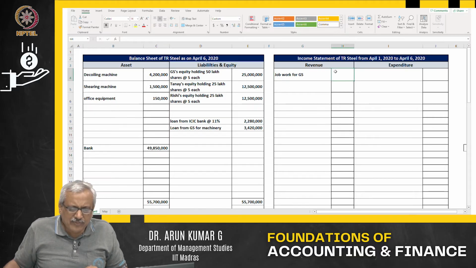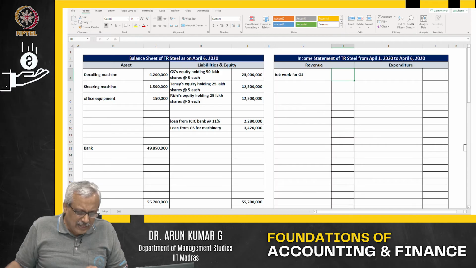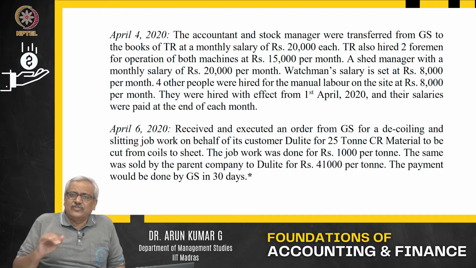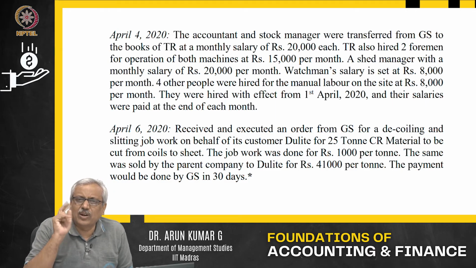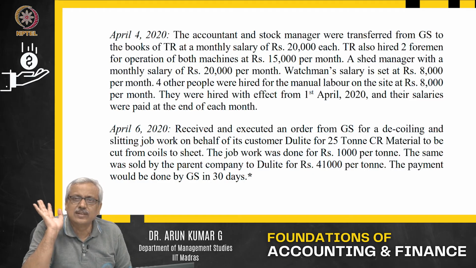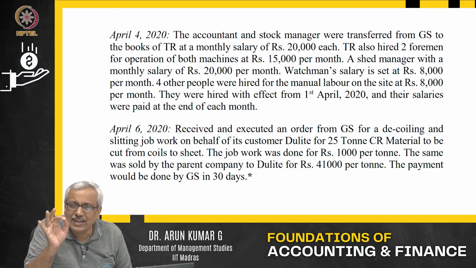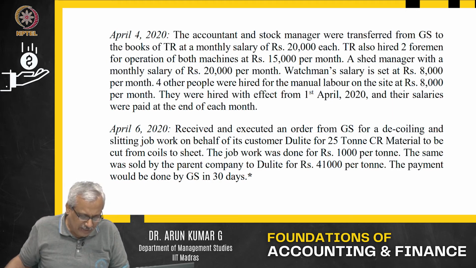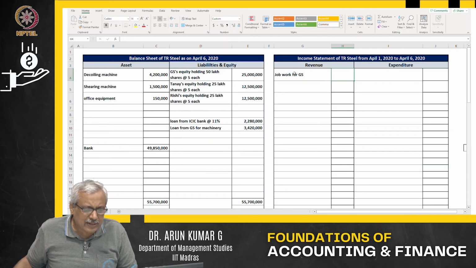Now, what is the value of the earnings that you have made? Is it 41,000 or 21,000? Please note, GS is selling to Dulite at 41,000. That is none of your business. How much is GS paying you, or liable to pay you? Only job work, 1000 per ton. How many tons? 25 tons in this particular case.